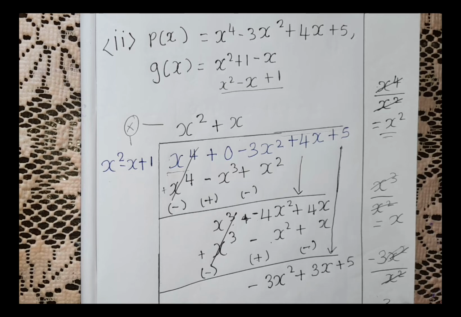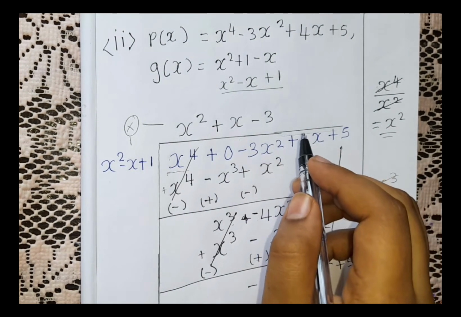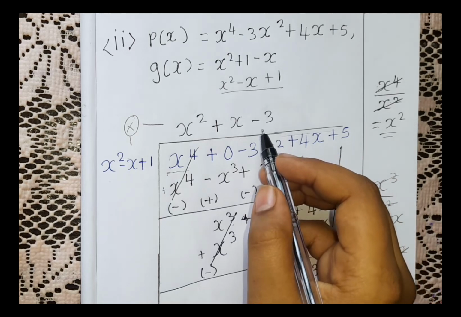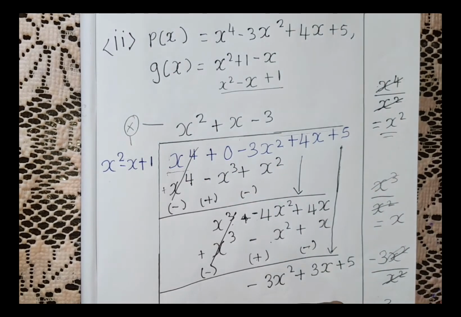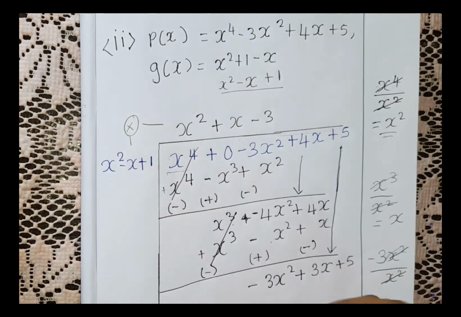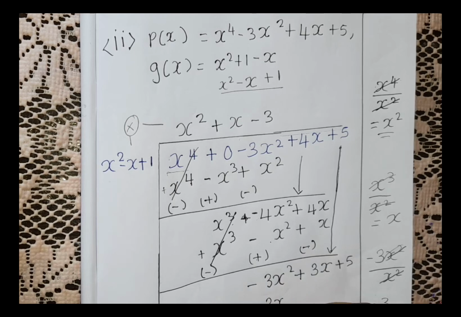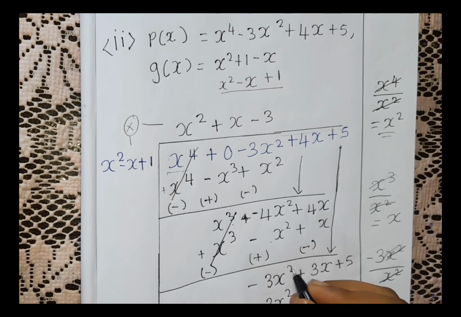We are going to write minus 3 right over here, and then we are going to multiply it. First let's multiply the symbol. Minus into plus is minus, so we shall write the minus, and then 3 into x square is 3x square. So let us write 3x square. We are supposed to write it down right over here. Why? Because here we have x square, so we are supposed to write it in the x square term.